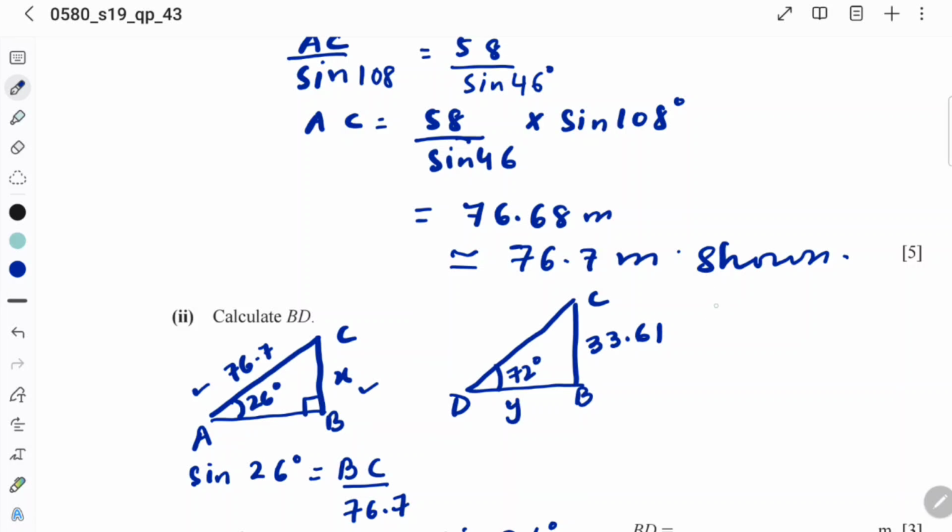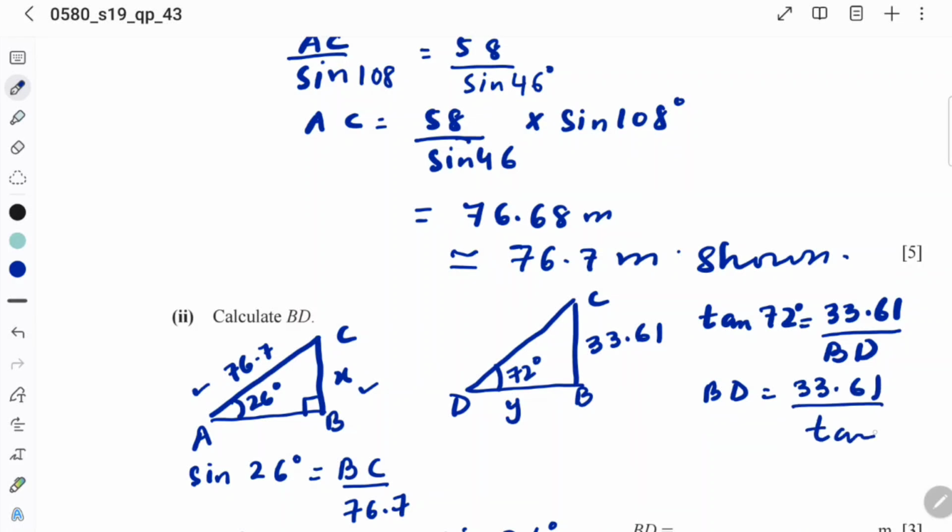Tan theta equals O over A. So tan of 72 degrees equals 33.61 upon side BD. So BD will be 33.61 upon tan of 72 degrees, and you will get 10.92 meters. BD is equal to 10.92 meters.